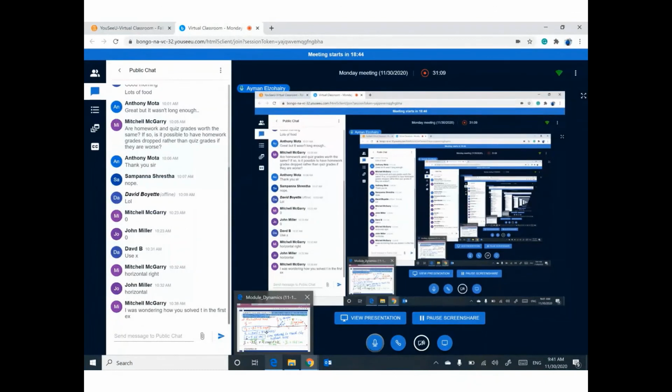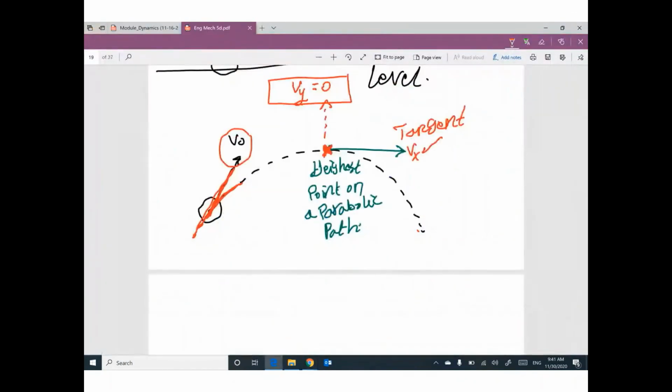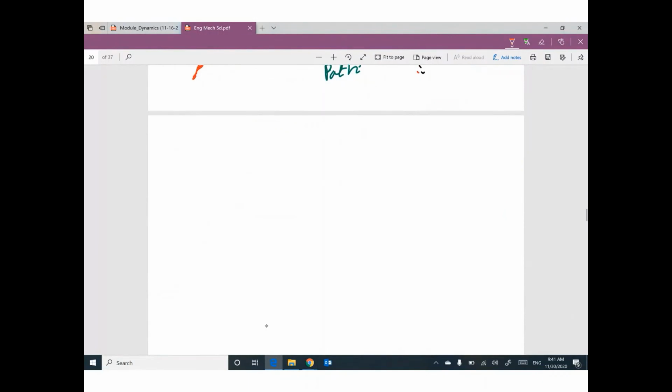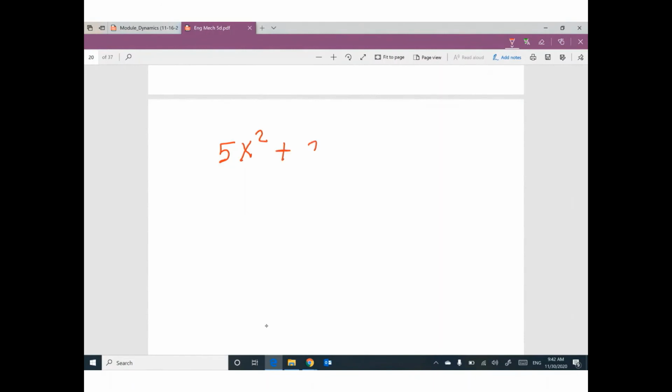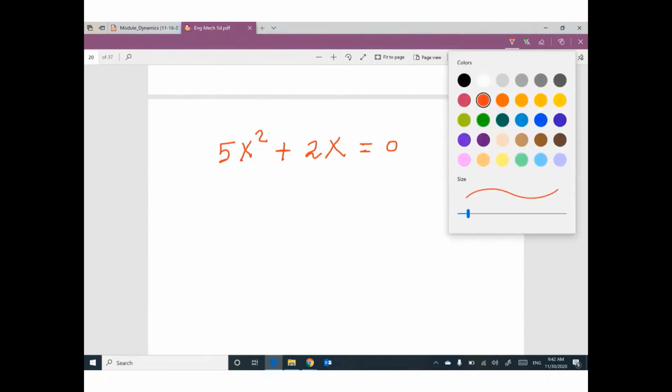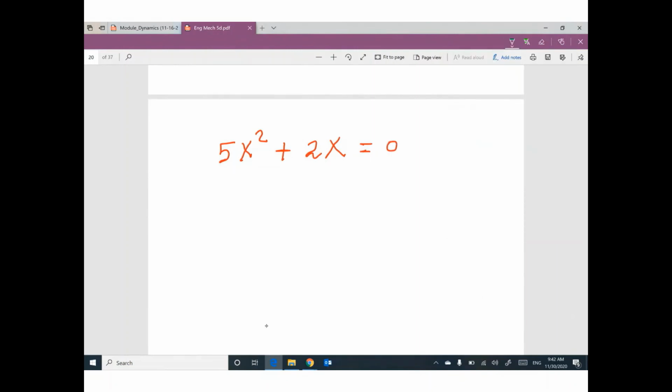Okay, Mitchell. I will work a little bit as an instructor for math. If you have the equation 5x squared plus 2x equals 0, can you take x outside this equation? Yeah, x. If you take x outside, the remaining will be 5x plus 2 equals 0.